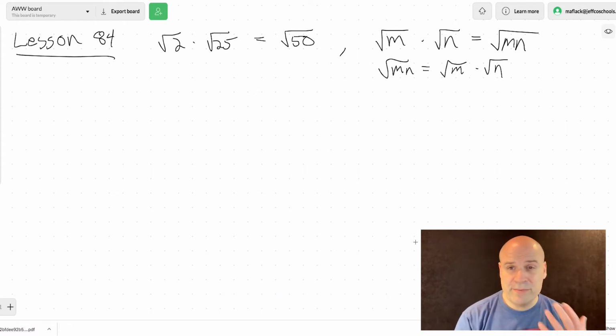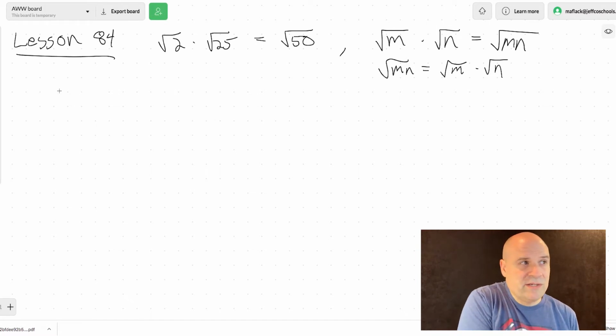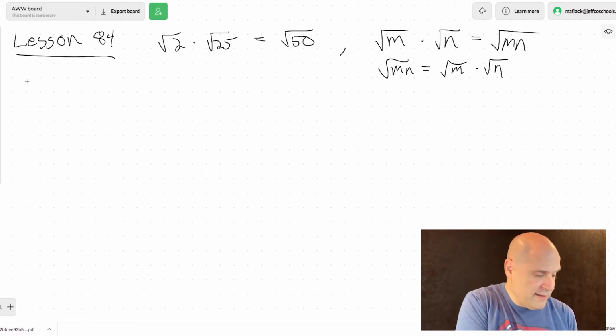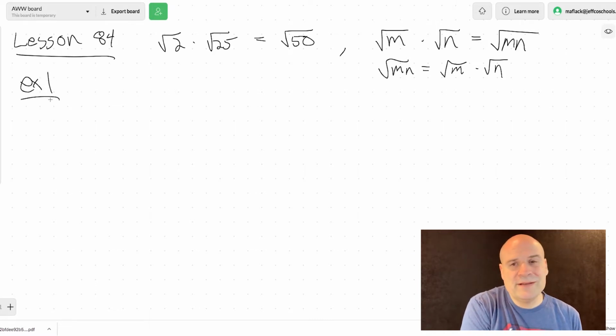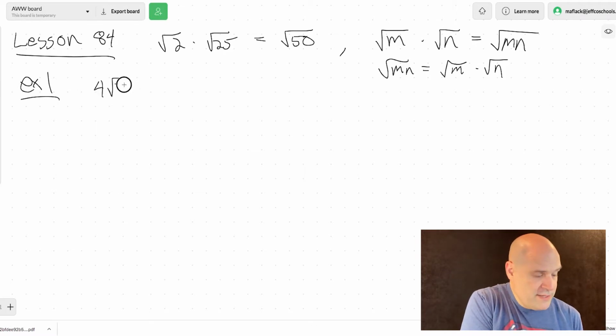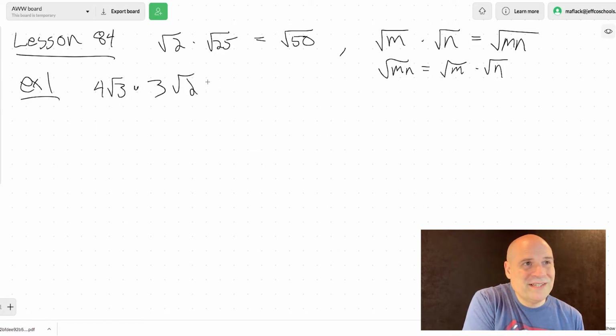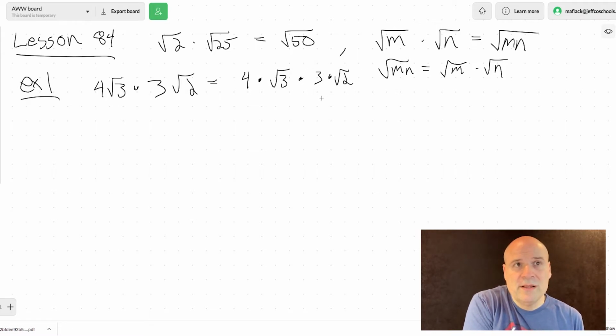So we're going to step it up a notch. It's just multiplication, so you can multiply anything together. Let's try an example where we multiply radicals along with other numbers. If we have 4 times the square root of 3 times 3 times the square root of 2, well, in multiplication it doesn't matter what you do first.